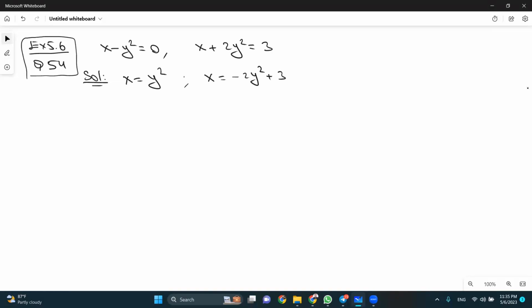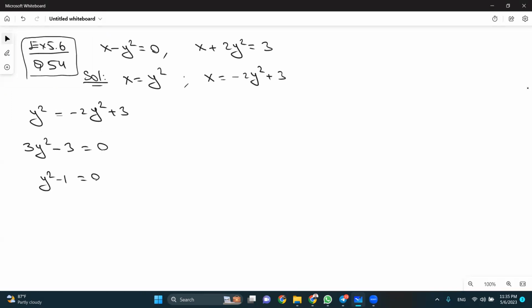So to find the intersection points, we have to solve y squared is equal to minus 2y squared plus 3. If you move everything to the left-hand side, that is 3y squared minus 3 equals 0. If you divide both sides by 3, here we have y squared minus 1 equals 0.